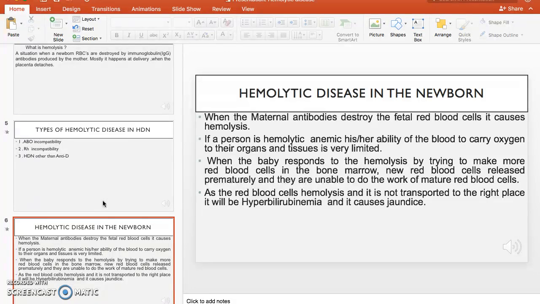Since they don't do the job, the hemolyzed red blood cells are not transported to the right place, and it will result in hyperbilirubinemia, and that hyperbilirubinemia causes jaundice.